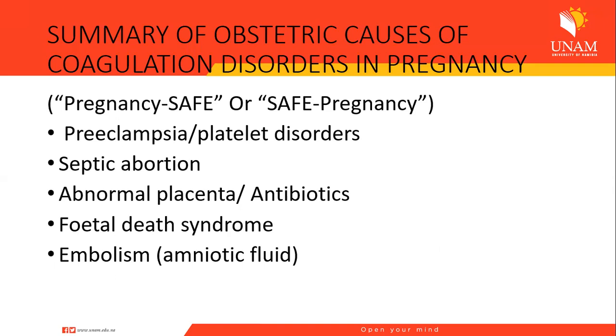Others are antibiotics. F is where you have the fetal death syndrome. E, embolism, the amniotic fluid embolism. And the P is your preeclampsia or platelet disorders. So if you are asked to list some obstetric causes of coagulation disorders, once you can remember safe pregnancy, you should be able to remember at least 3 or 4 of the obstetric causes of coagulopathy.